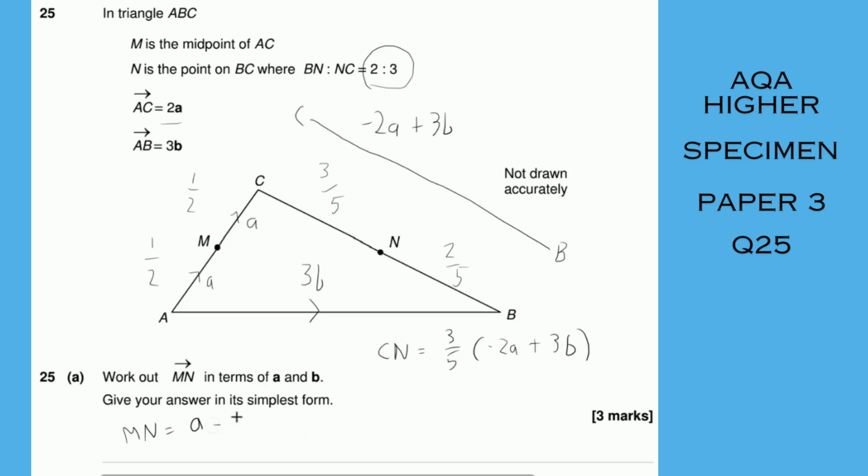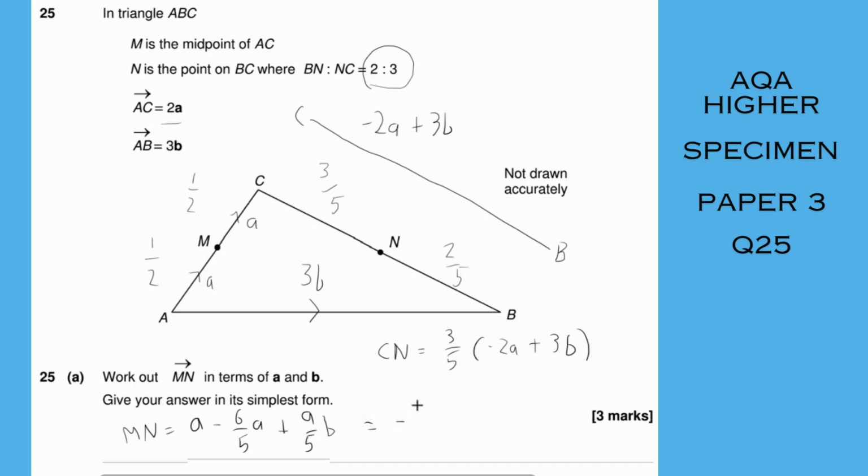So it's going to be negative 6/5 of A, and times that part out with the B, it's going to be positive 9/5. Getting ahead of myself. 9/5 of B. Simplest form required.